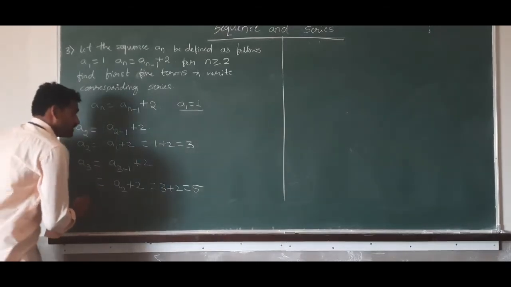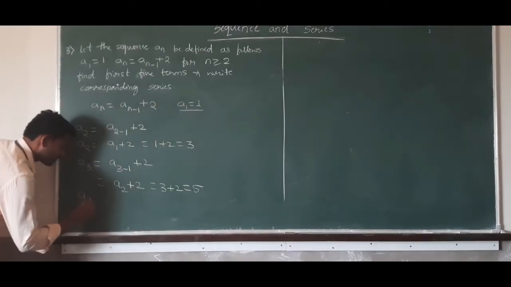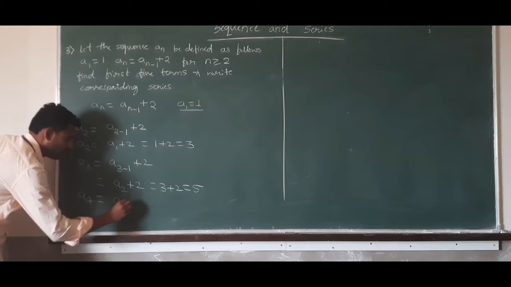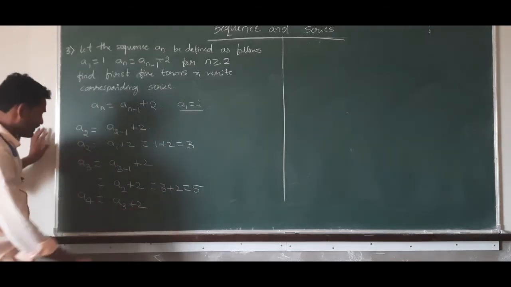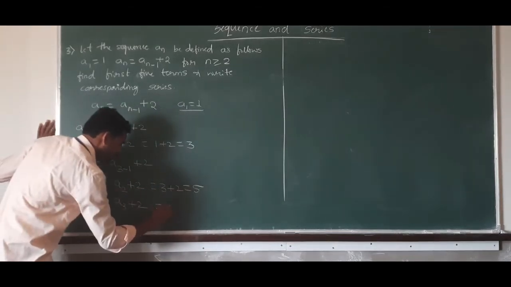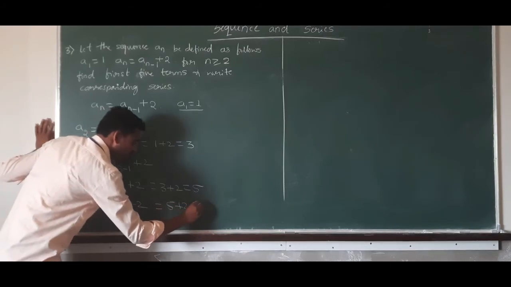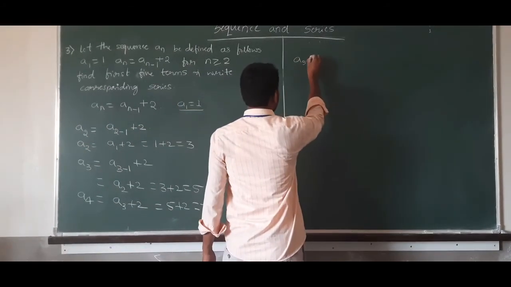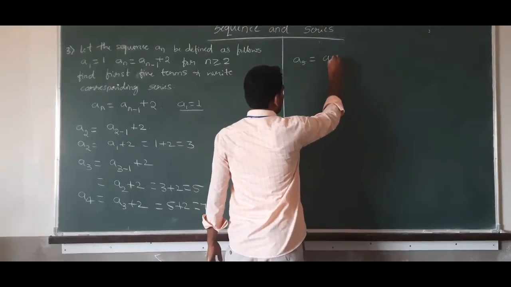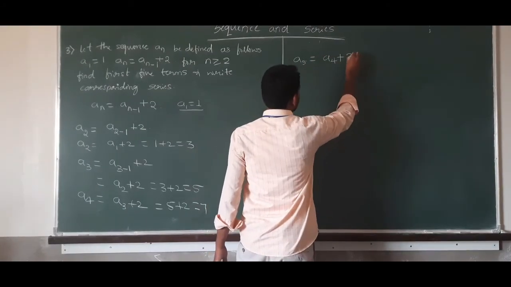Similarly, the fourth term a4 is equal to a3 plus 2. We have already found the value of a3, 5 plus 2 is equal to 7, and a5 is equal to a4 plus 2.